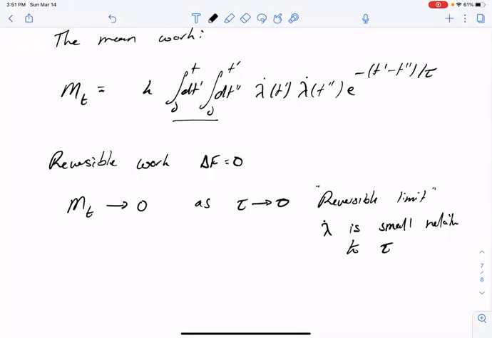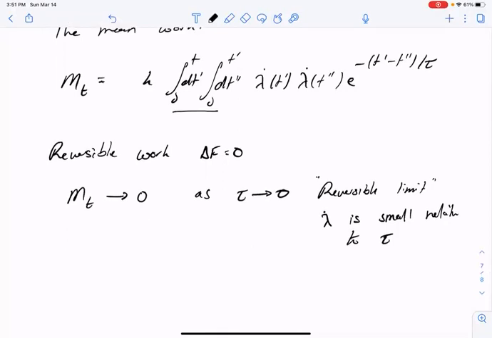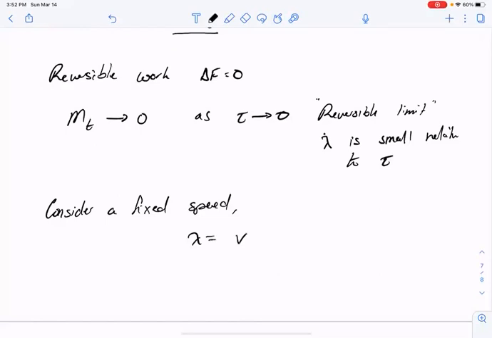What else to say? So if I imagine performing this protocol with a fixed speed, such that lambda was some fixed velocity times time. So I move the minimum of the potential at a constant velocity.